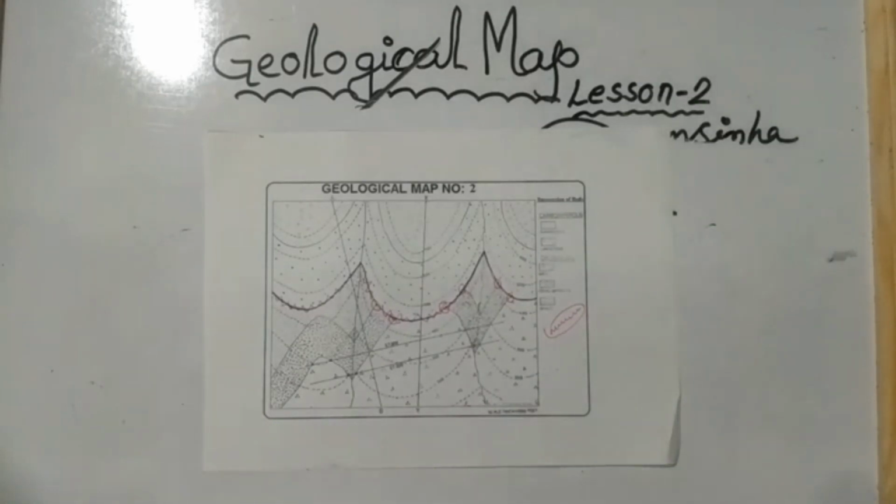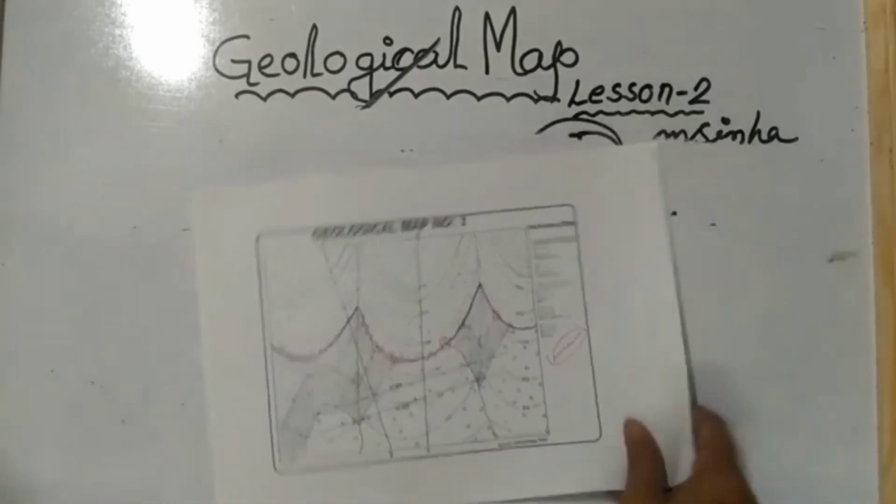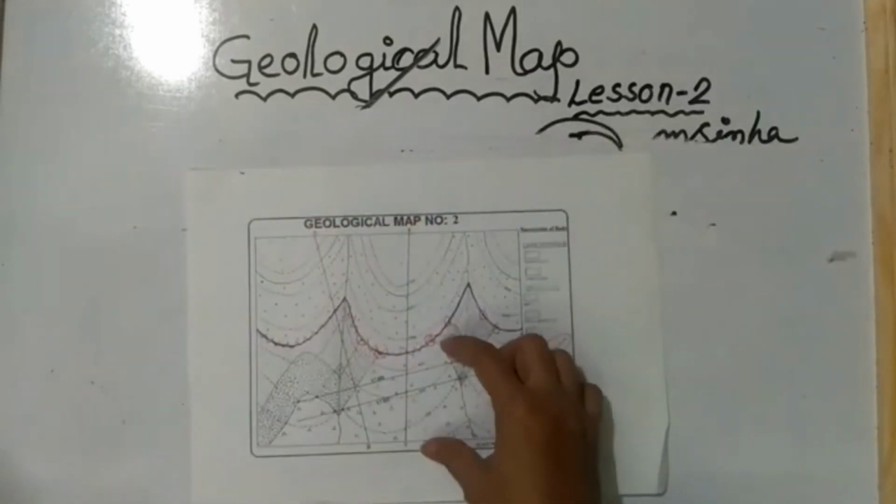What is the line of unconformity? The line of unconformity is the surface or the contact zone between the two rock units. Okay, suppose this is rock unit 1, this is rock unit 2.